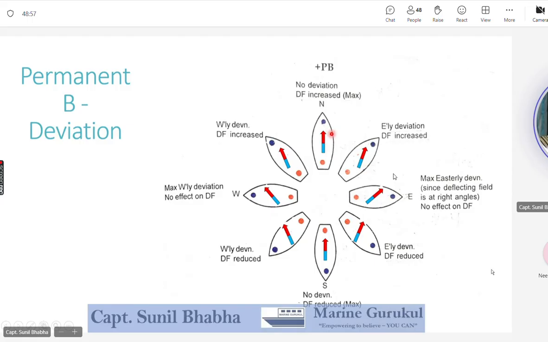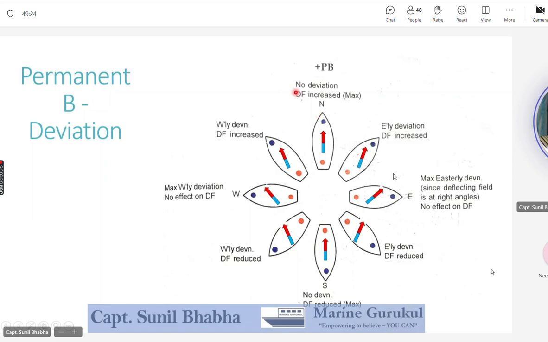We know that the end of the compass needle pointing towards north is the red end, and the one pointing towards the south is the blue end. Now when the ship is heading north, these blue and red poles of the ship are exactly north and south of our compass needle. Being exactly north and south of the compass needle, they do not generate any deviation at all.